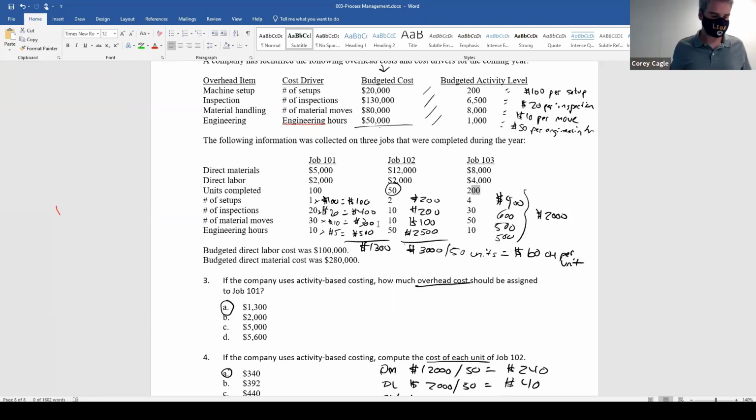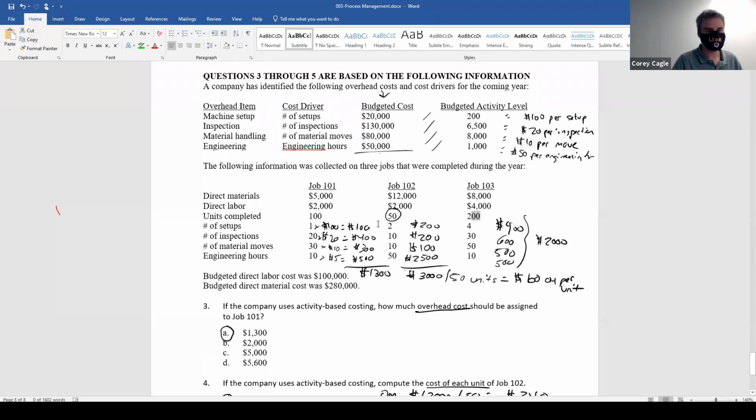They're easy enough. They get a little long, as you can see, but they're not that difficult. There's so many different ways they can ask you to compute an activity-based question. As long as you realize different overhead cost pools, associated driver, they'll usually associate the driver for you.